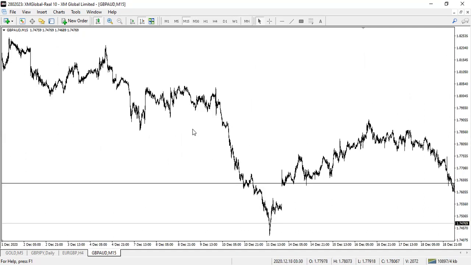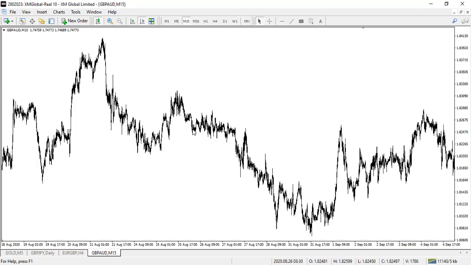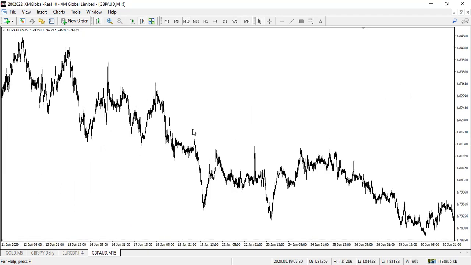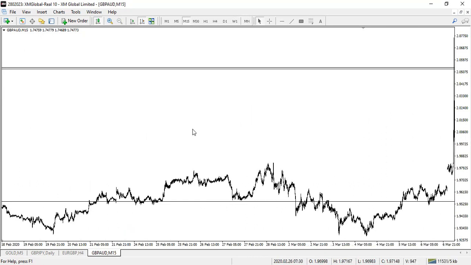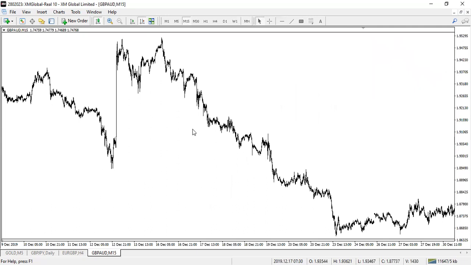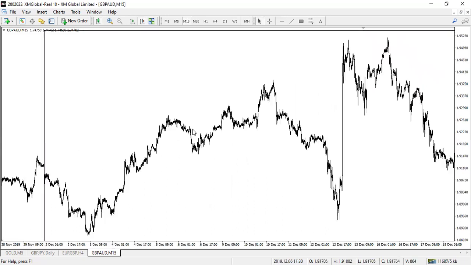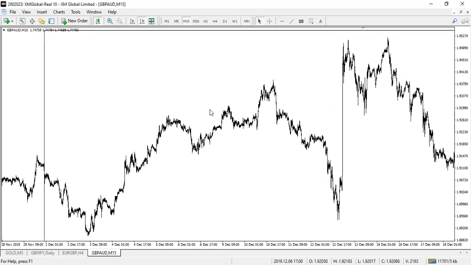You need to know exactly where the price will react, and exactly where your take profit will be. If it continues to drop below that, then you know you will add more sells. So as you can see, this is where it ends.